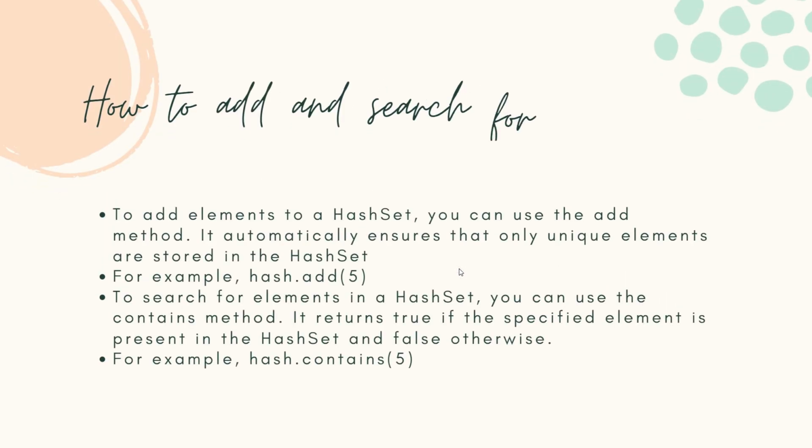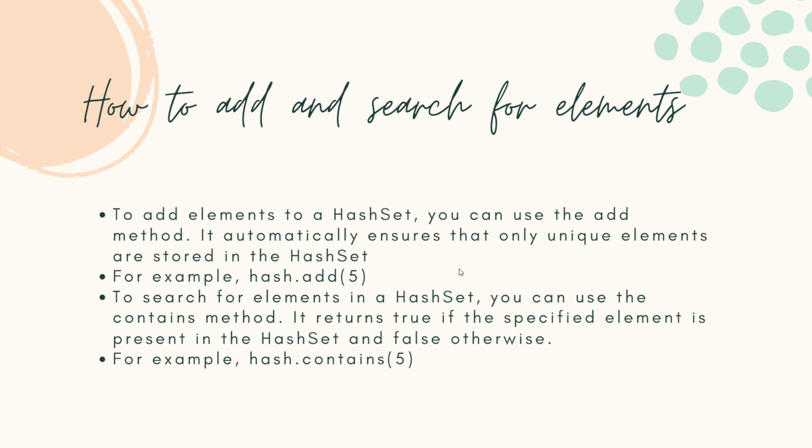Now let's have a look at how we add and search for elements in a HashSet. If we need to add elements to the HashSet, we can use the add function. It will automatically ensure that whatever we add to the HashSet, if it's not been added, it will get added, but if it is already there, it doesn't get added.